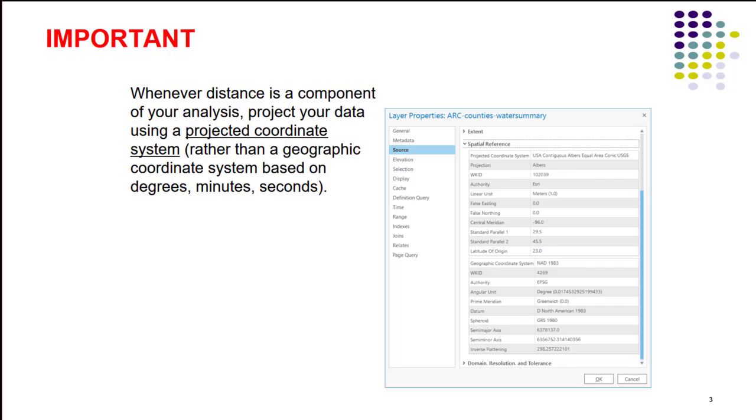So we want to minimize those distortions in shape, area, distance, and also direction. So we always want to make sure we're using projected data.